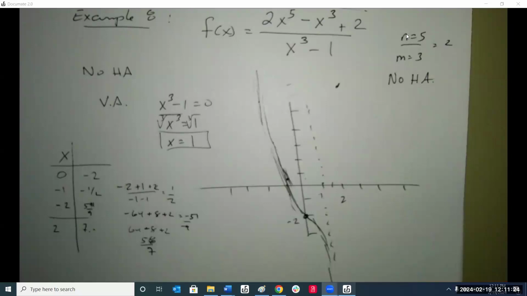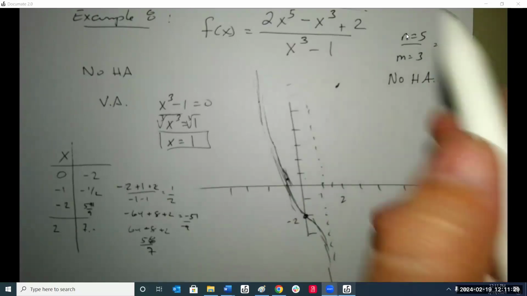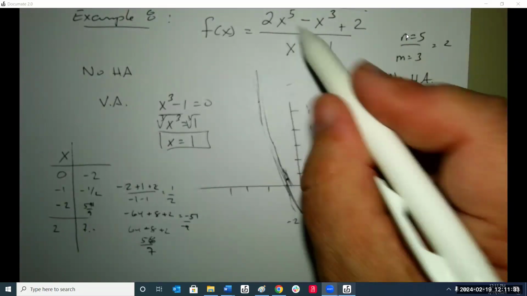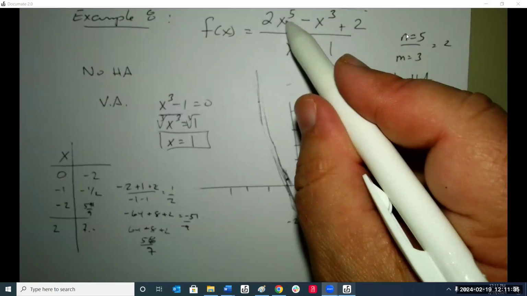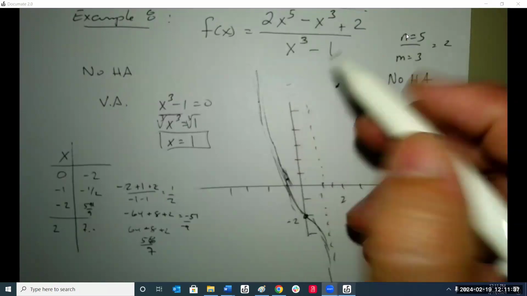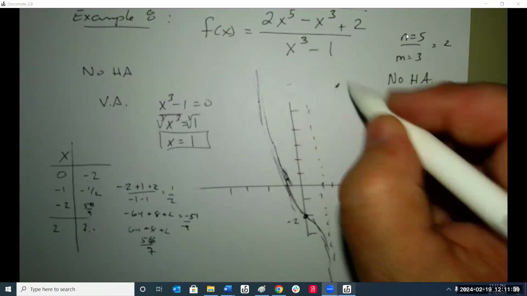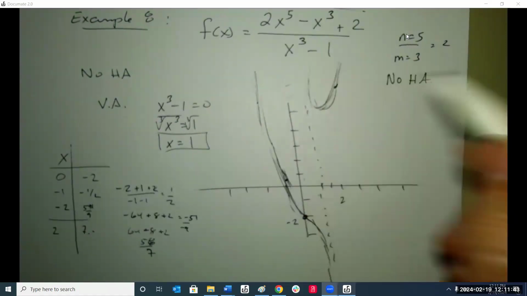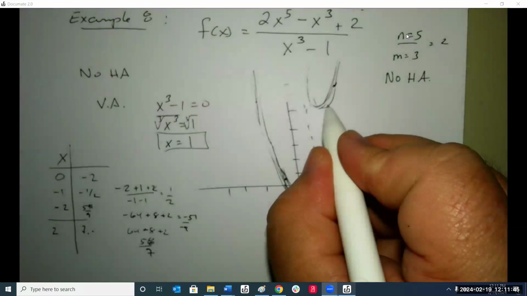I can't use 1. So when I divide these, I get a squared term. So here I'm looking at a polynomial of degree 2, and the smallest it can go is around 1.5. So it looks something like that.